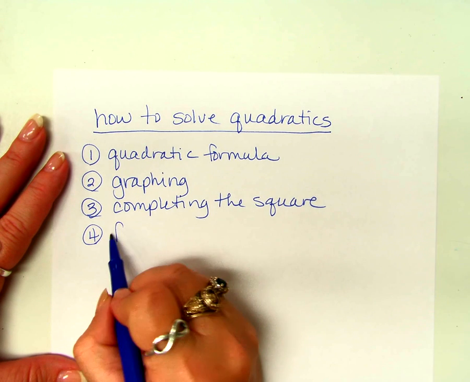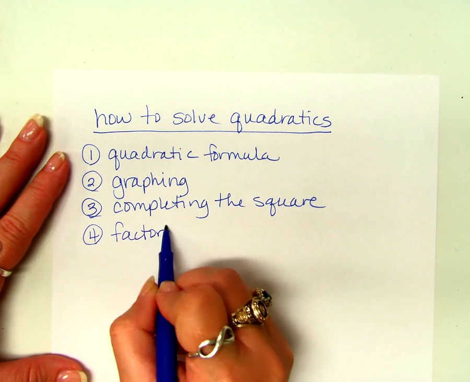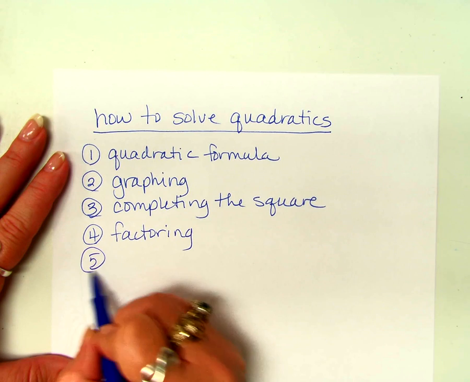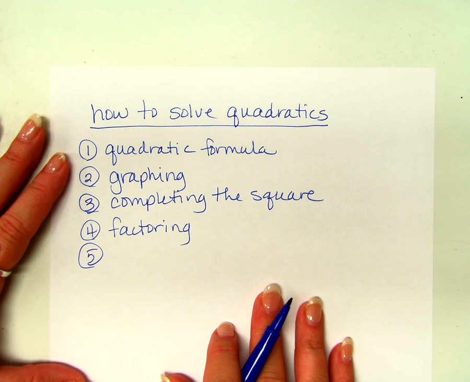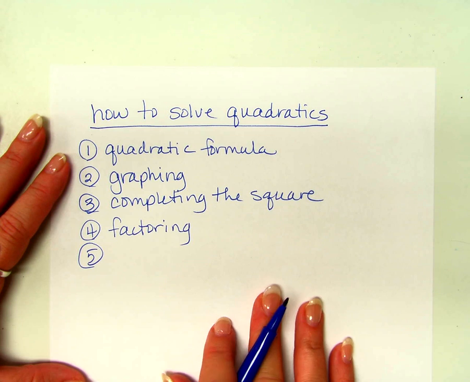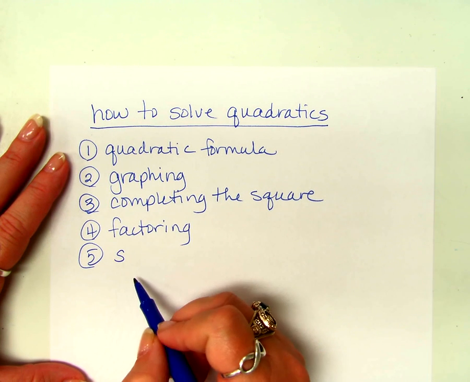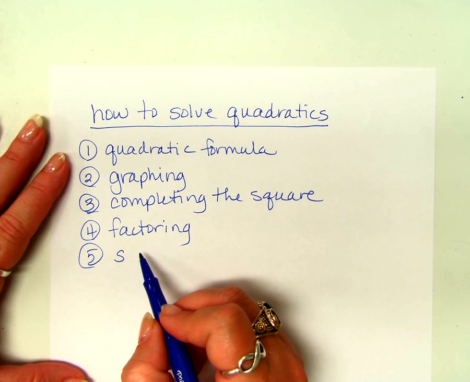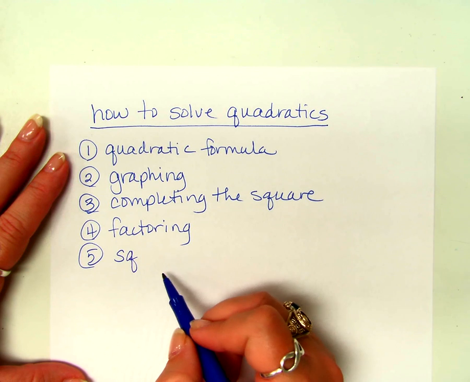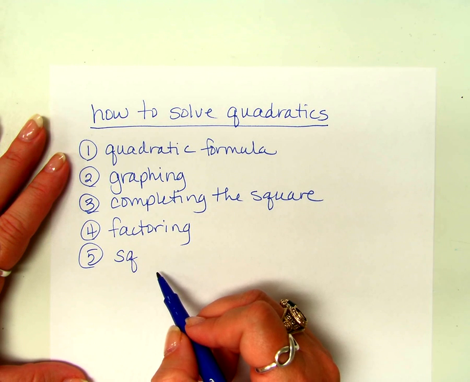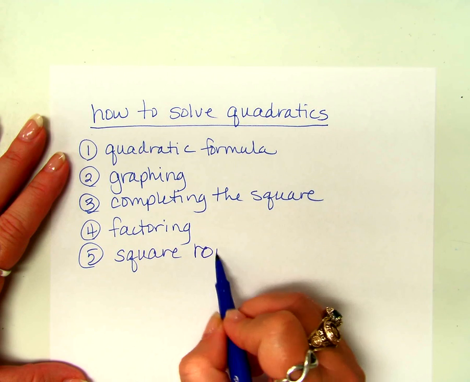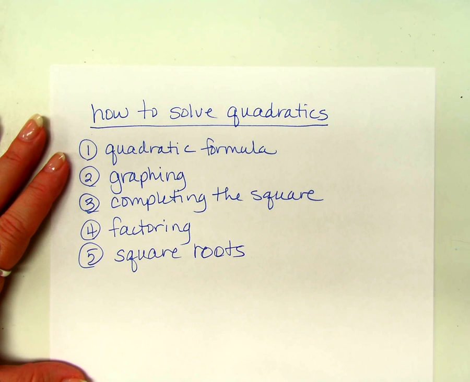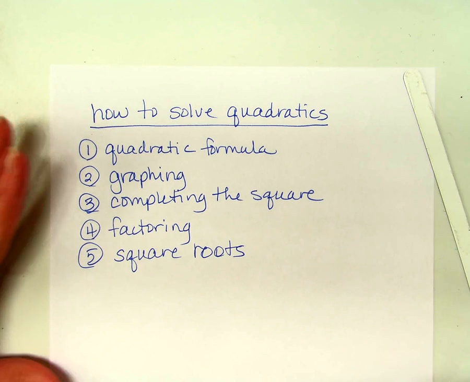Factoring. Good. And what about the 5th way? Anybody remember that one? Square roots. You okay with those? Remember doing all those in the last week or so?